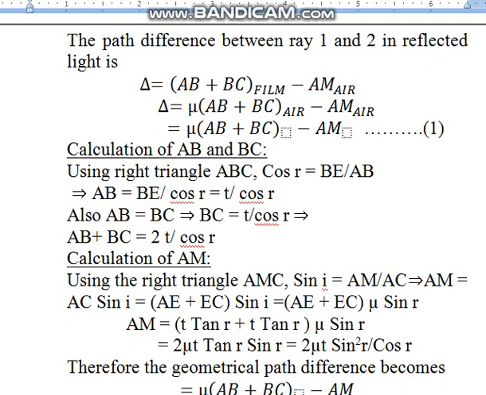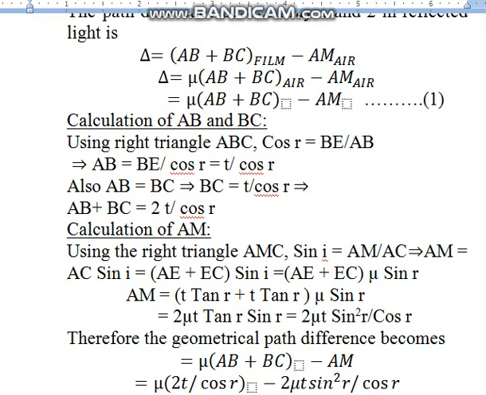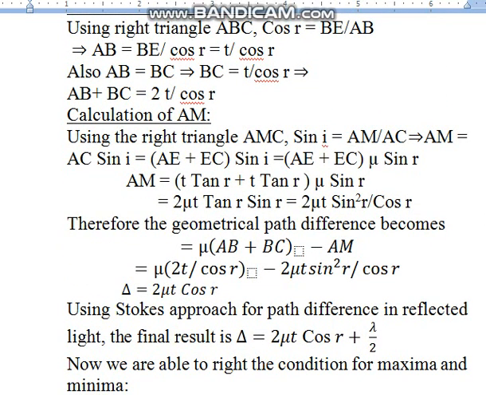Now let's calculate AB and BC using triangle ABC. AB and BC are both equal, and AB plus BC is twice t upon cos r. Then we apply the sine formula in triangle AMC, sin i, and in this way we obtain the AM value.